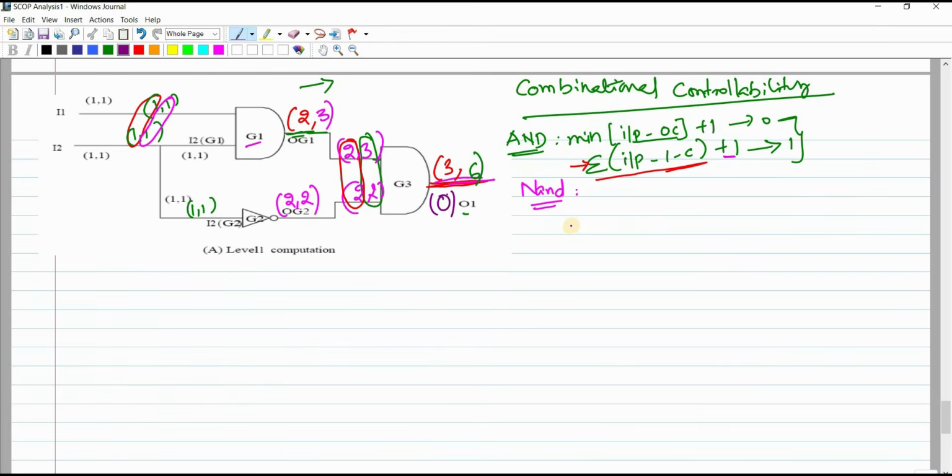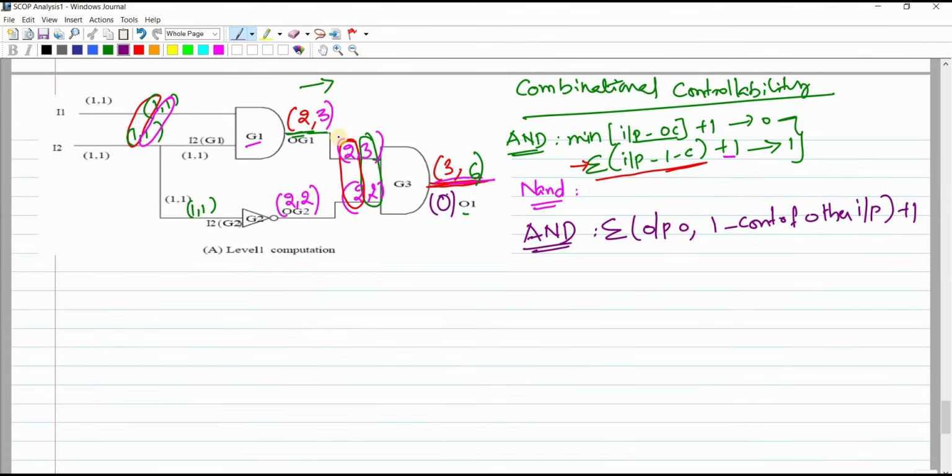According to the table, if you want to calculate combinational observability, G3 is an AND gate. For an AND gate, the formula is the sum of output observability, 1 controllabilities of other inputs, plus 1. So it's a formula.